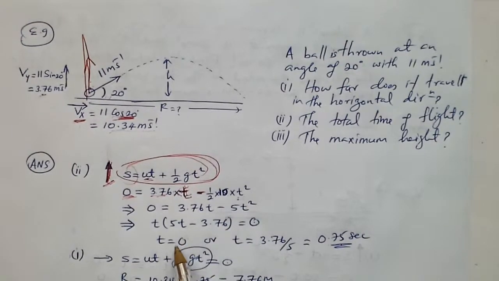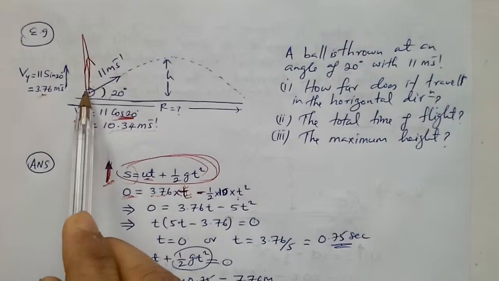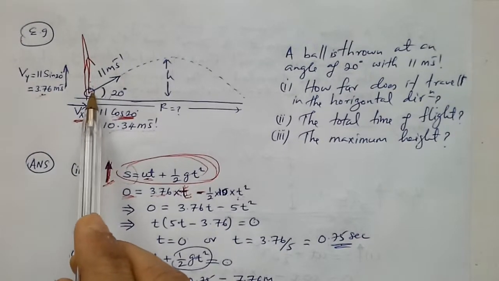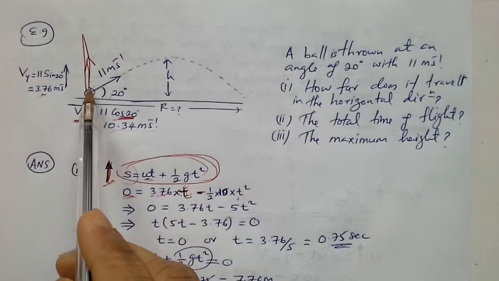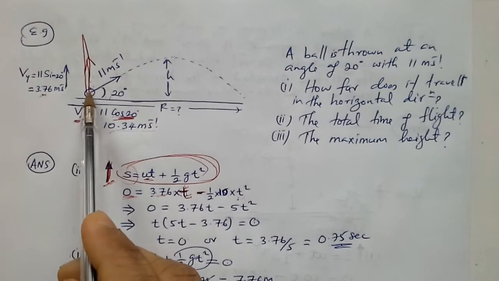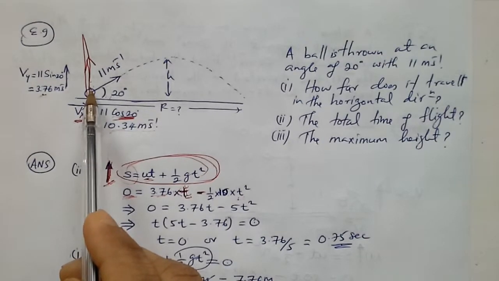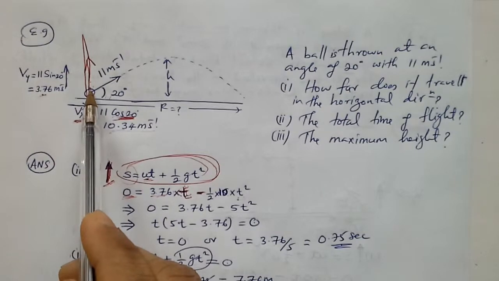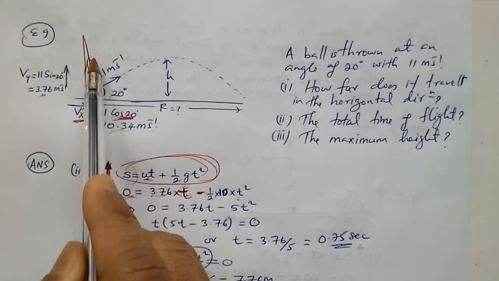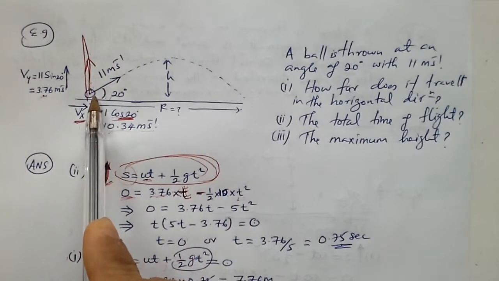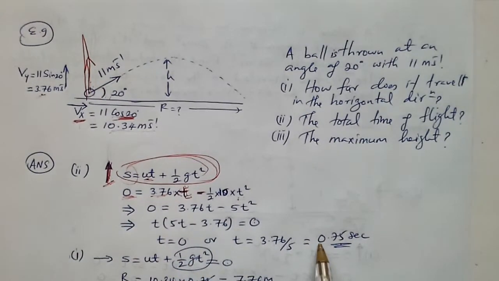How do you explain these two answers? The first answer, t equal to 0, is when you are about to throw the ball. When you are about to throw the ball, you start your stopwatch, so in this position time is equal to 0. Then it goes upward and comes back to the same point. The time taken for that journey is 0.75 seconds.